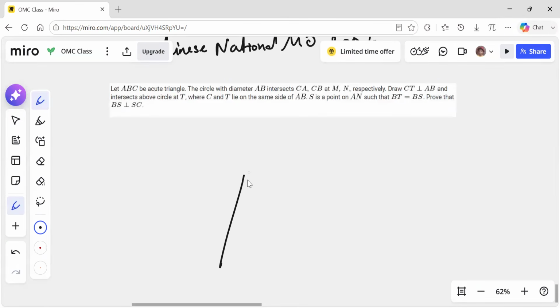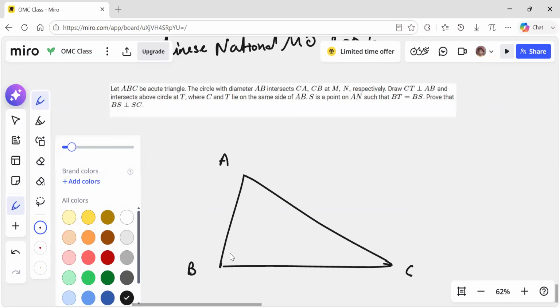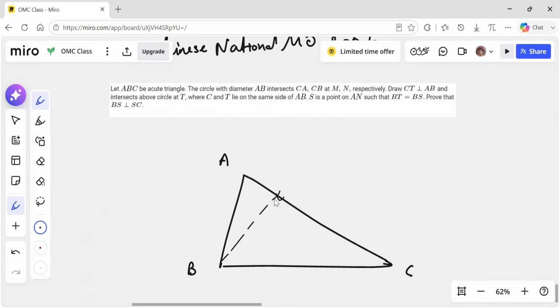I'll draw a diagram. So we have A, B, C. The circle with diameter AB intersects CA and CB at M and N. It's a bad way to tell that we just drop perpendiculars.